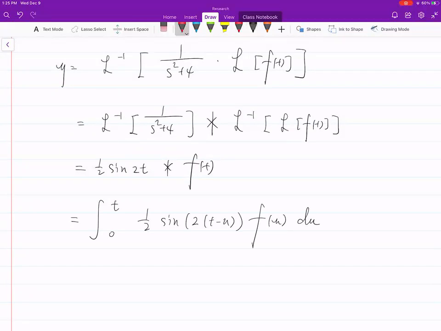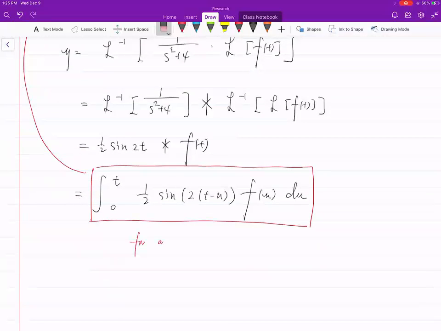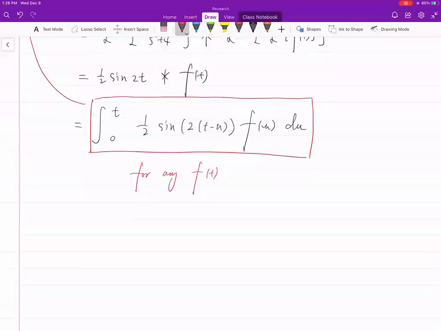That is the solution to this initial value problem for any f. All right. Is the idea clear?